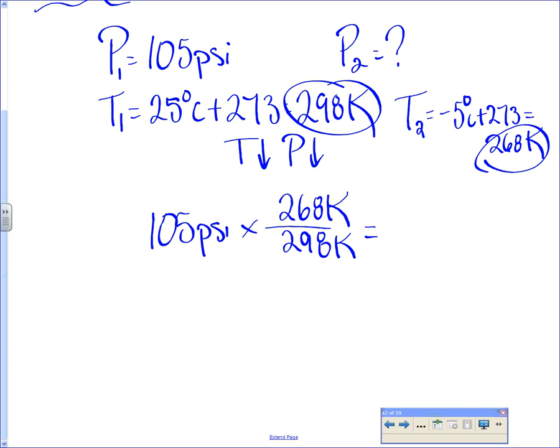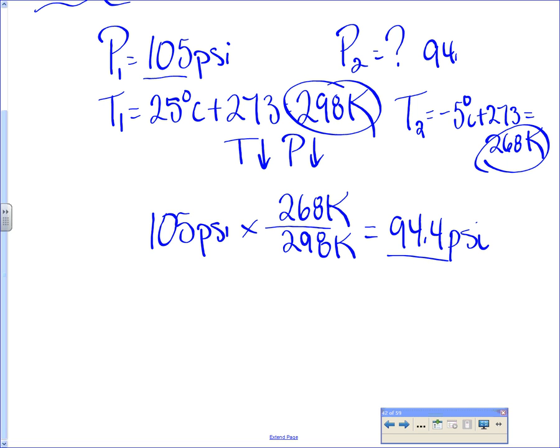When I work out the problem, I end up with 94.4 psi. Then I double check, and yes, 94.4 compared to 105, it is lower, so that is my P2.